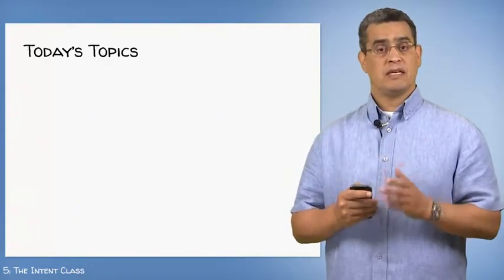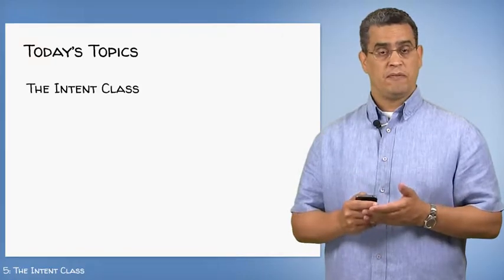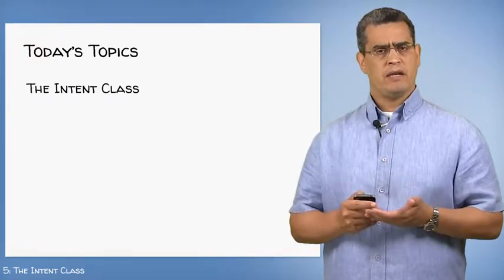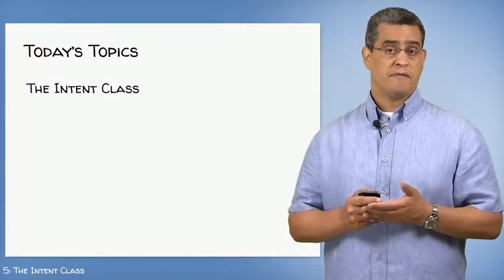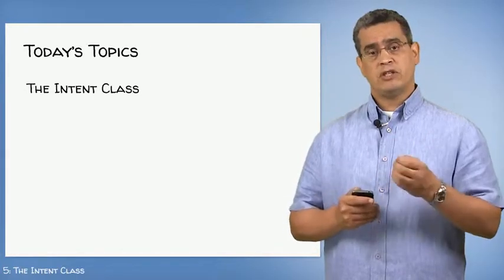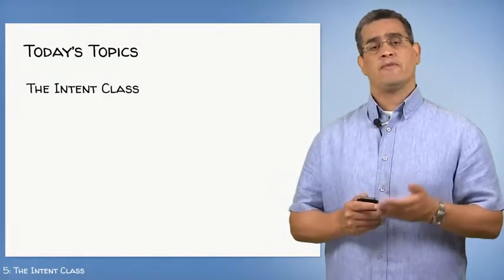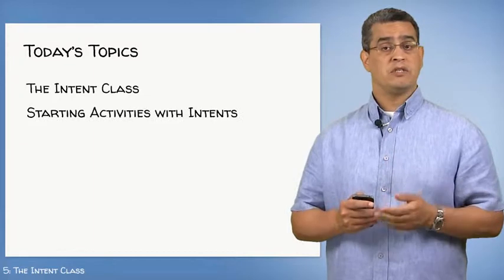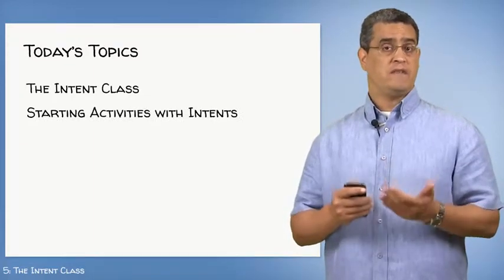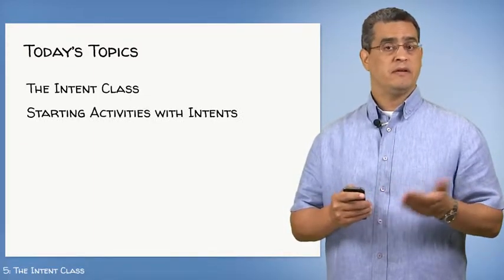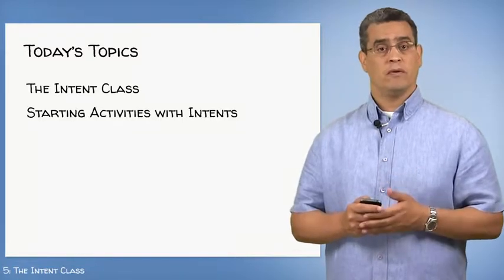And I'll begin by presenting the intent class itself. I'll talk about how they're created, what fields they have, and what information those fields contain. After that, I'll talk about the two ways in which Android decides which activity should be started when a method such as startActivity is called.